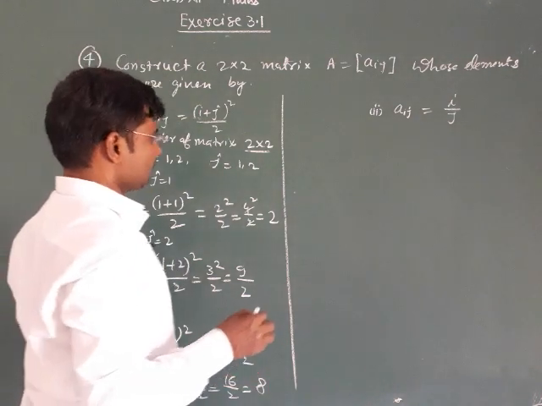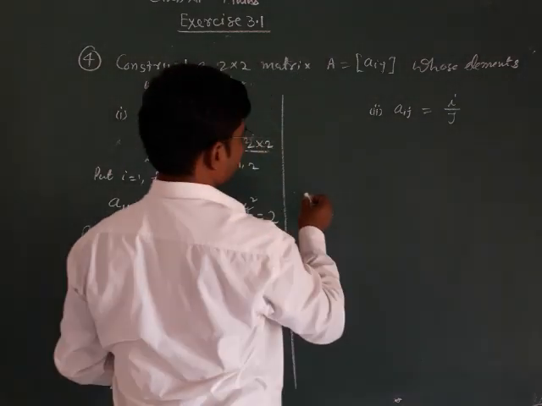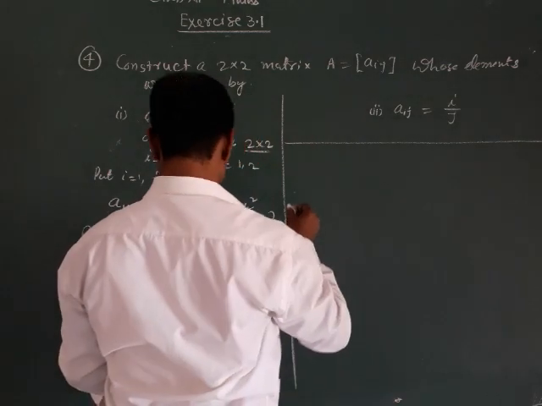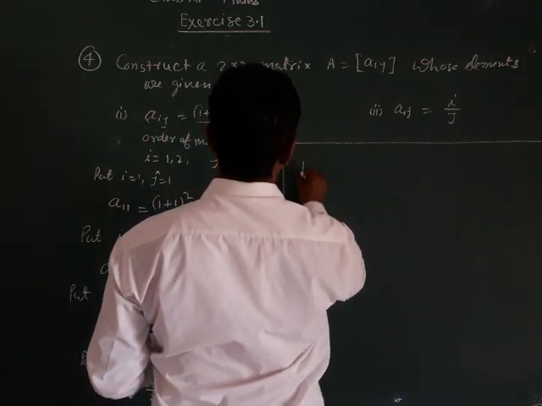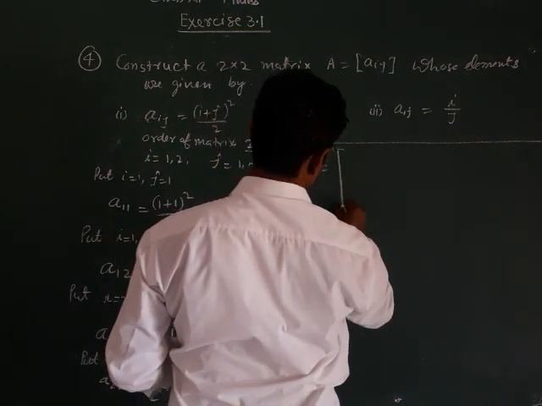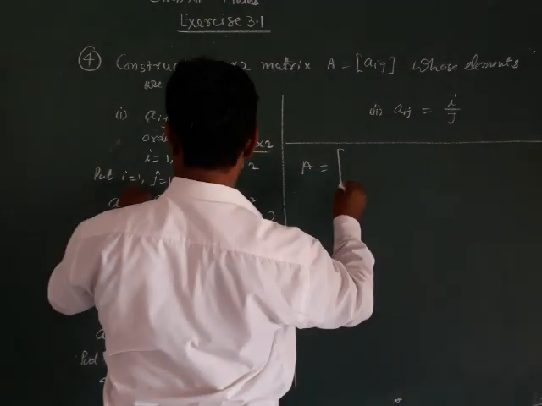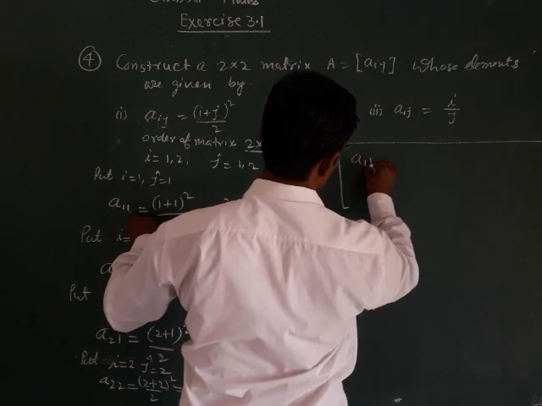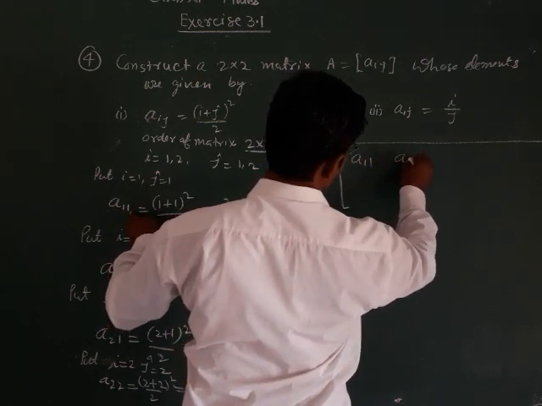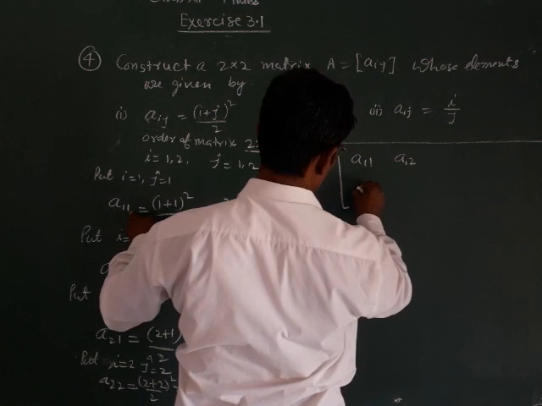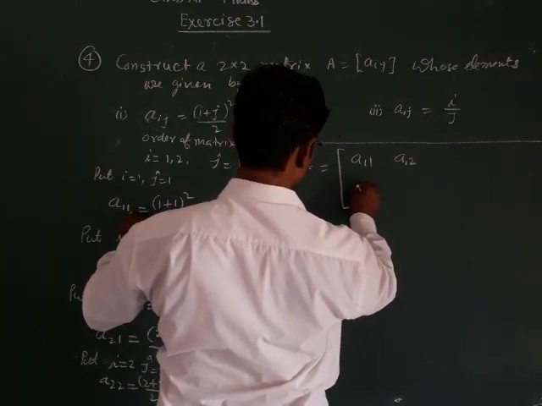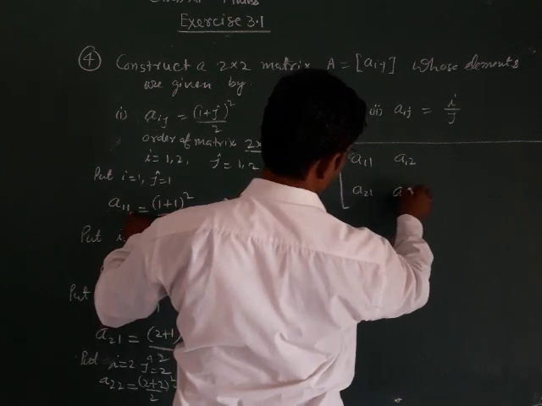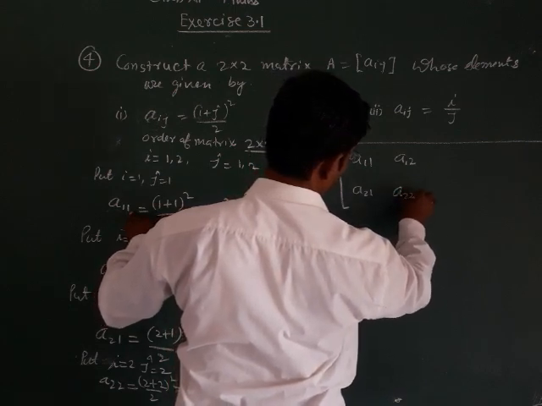So this matrix: matrix A is equal to the element first row first column a11, first row second column a12, and second row first column a21, and second row second column a22.